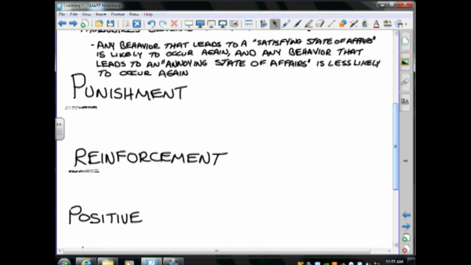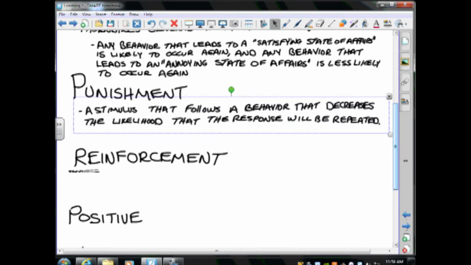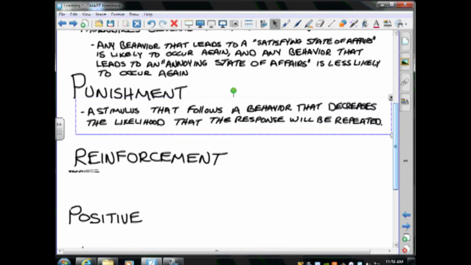Okay, some more terms. Punishment is a stimulus that follows a behavior that decreases the likelihood that a response will be repeated. And I'll tell you right now that the next 15 minutes we're going to be talking about words that people think they know the meaning of, and they don't when it comes to psychology, and it gets people in trouble.